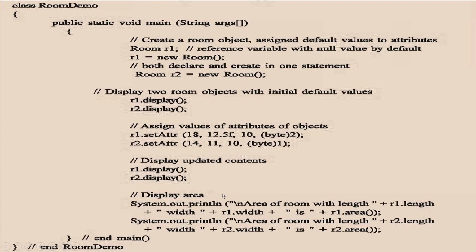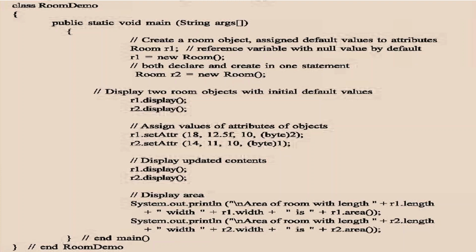And finally we want to display area of both the rooms. So for that we say System.out.println, that we want to print it here, \n, that is enter key, "area of room with length" will be printed as it is because it is written within inverted commas, and there is a blank space also afterward.